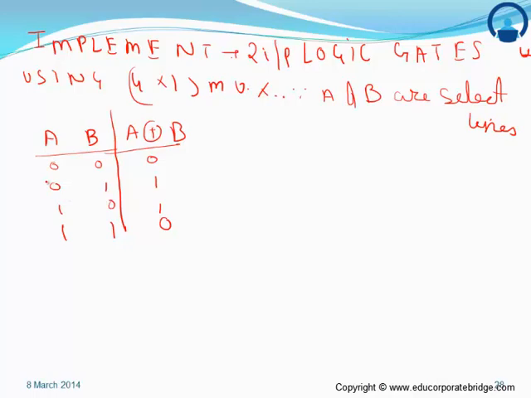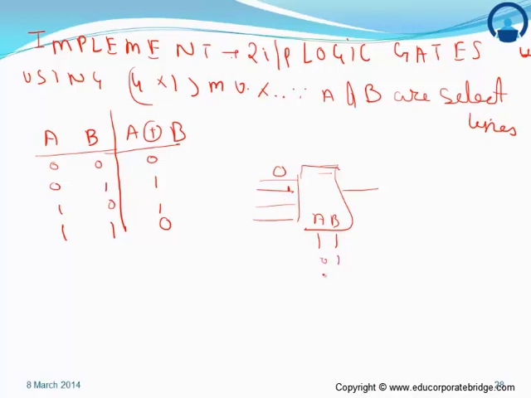Therefore, we can directly write down from the figure, A and B as select lines. 4 cross 1 mux, therefore 4 inputs, 1 output. If A and B are 0, we take this as 0. If A is 0, B is 1, we write 1 here.